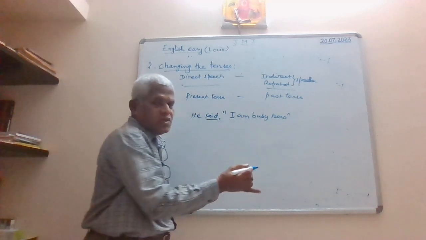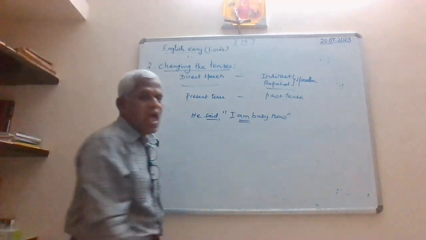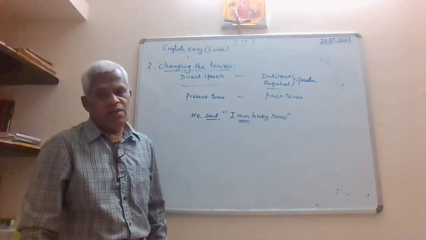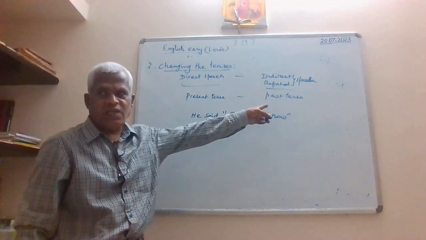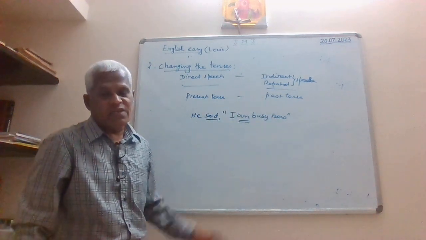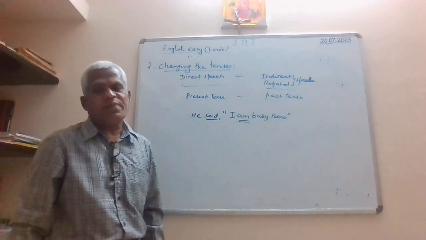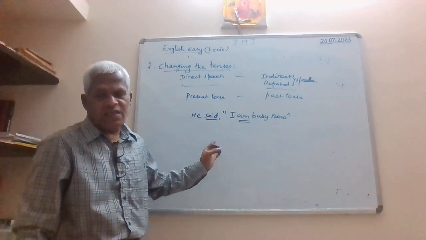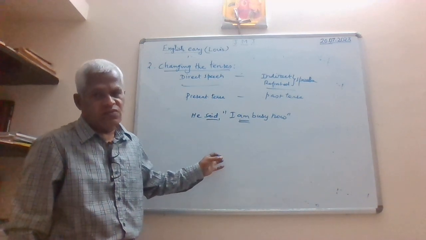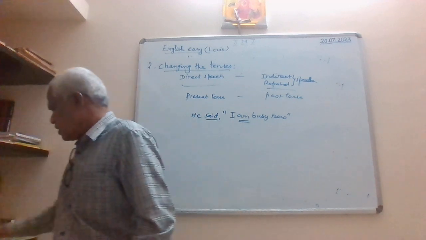You know what the tense is here? It is simple present tense. So when it is changed into indirect speech or reported speech, this will become past tense. That's the simple understanding here. So present tense becomes past tense.